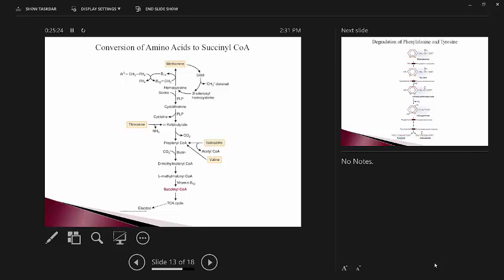Threonine can come in here and make alpha-ketobutyrate by threonine deaminase. Remember, it's one of the few that deaminates directly, okay? And isoleucine can come into propionyl-CoA, and valine can come in the same way. So these all go to succinyl-CoA, okay? There's some repetition in this, but we've added on this, and that. Everybody kind of comfortable with that? Okay.